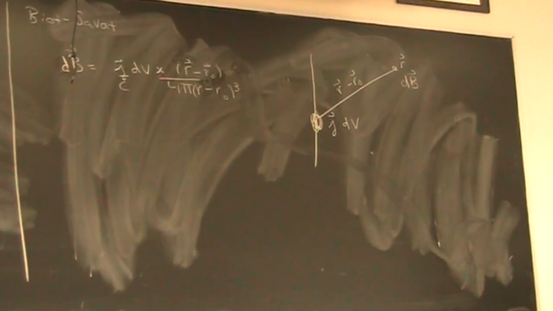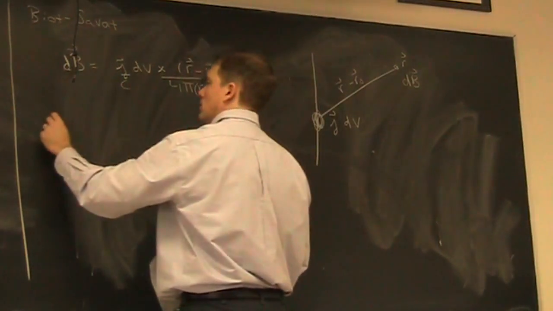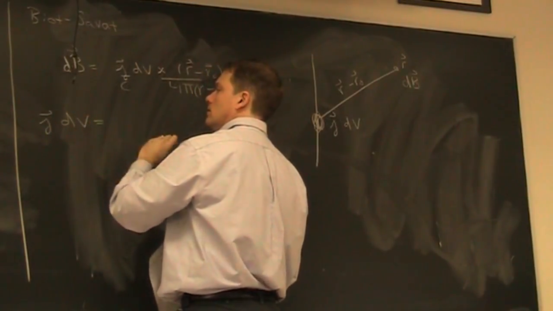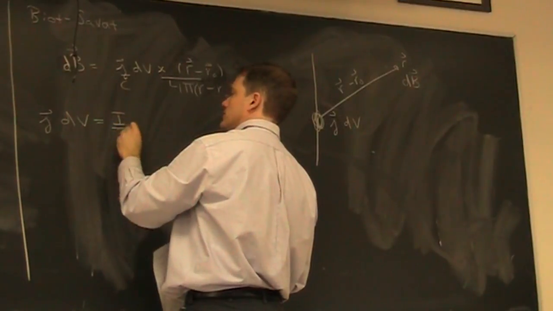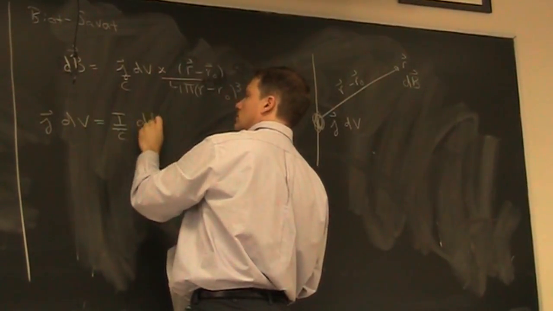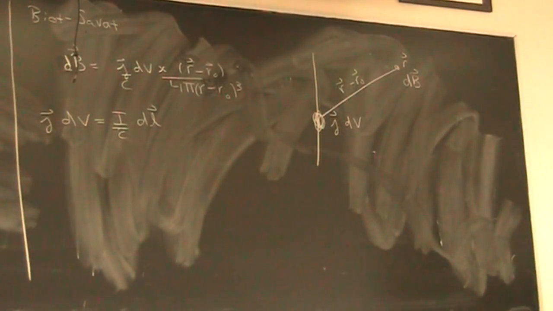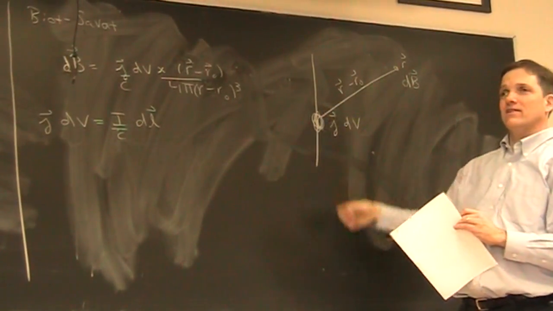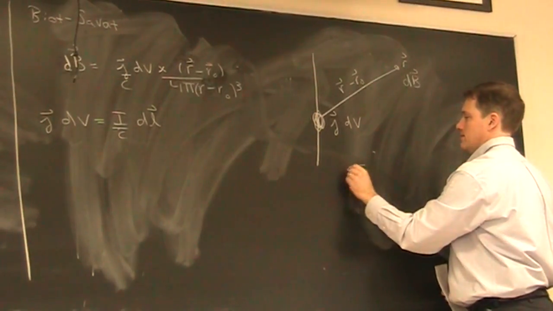Good. So if you have just a wire, you have to think that through. J dV is normally written like I over C times I dL for just a wire. Just imagine that you have a wire that has a little area, and you integrate over the area and over the length.